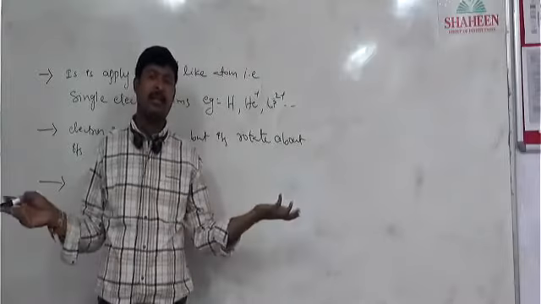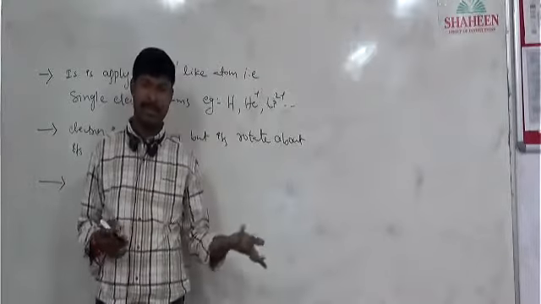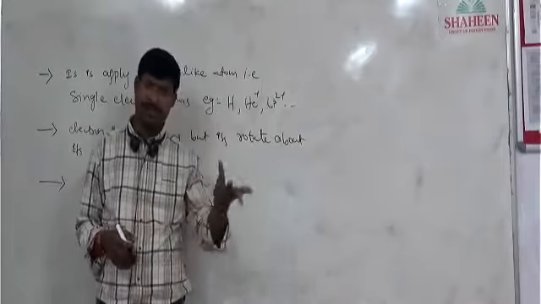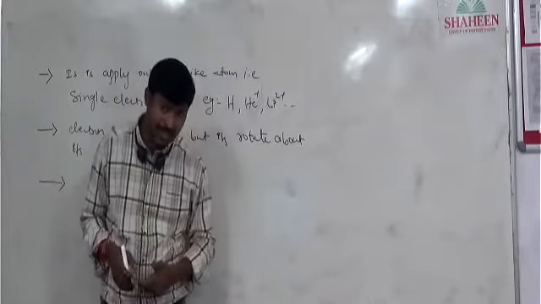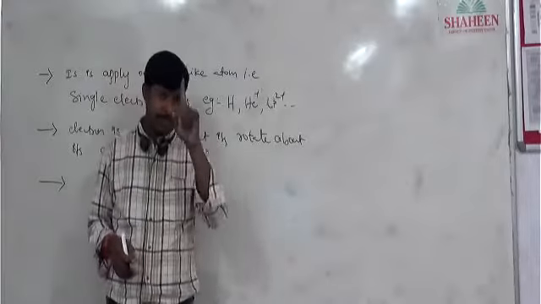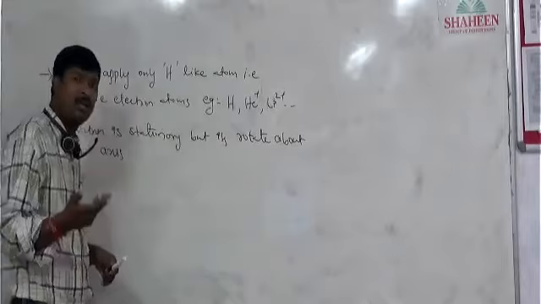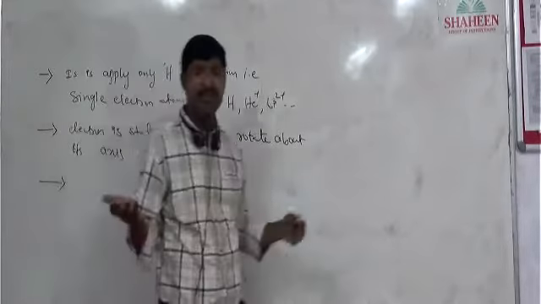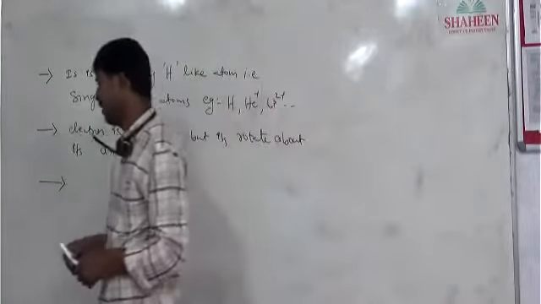There is an h nu amount of energy produced, and we can calculate the energy, frequency, or wavelength corresponding to the photon emitted. But it did not explain the intensity of spectral lines. We know intensity is what? The number of photons, right? So it did not explain intensity.